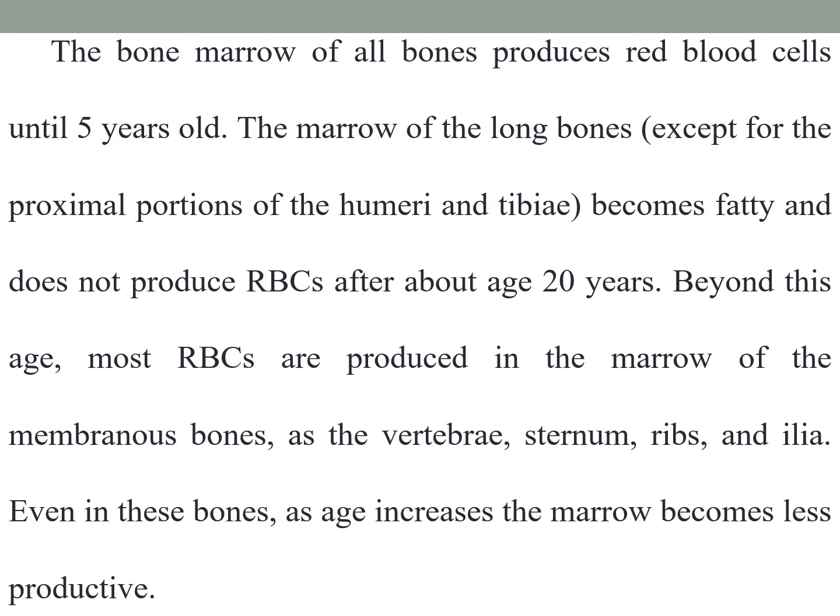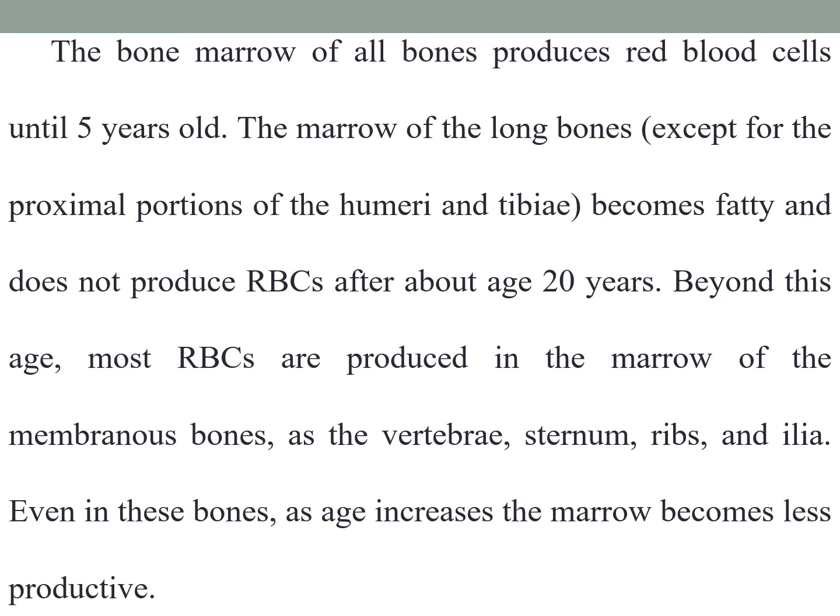Until the age of 5 years old, the bone marrow of all bones, long bone and membranous bone, will produce red blood cells, while after about 20 years of age, the bone marrow of the long bones becomes fatty and does not produce red blood cells, except for the proximal portion of the humerus and tibia.